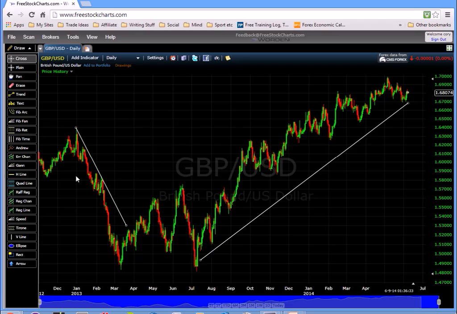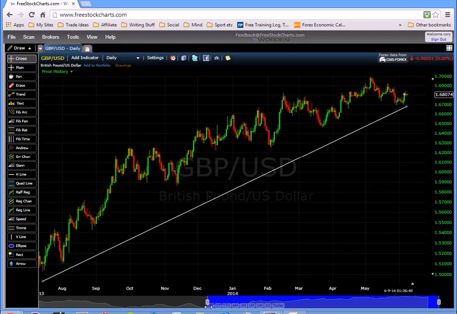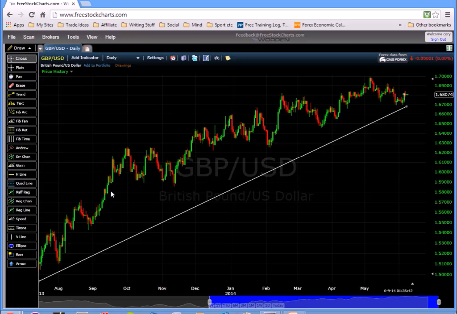So let's take a look at an example here. We have a chart of the British pound US dollar. We can see since about August of 2013 we have this overall movement higher. It's quite choppy, but it's making progress higher, which means the British pound has been appreciating against the US dollar.